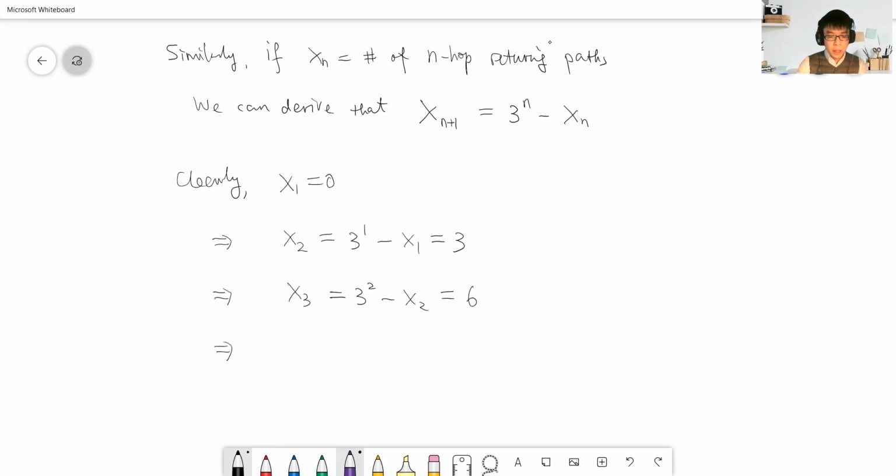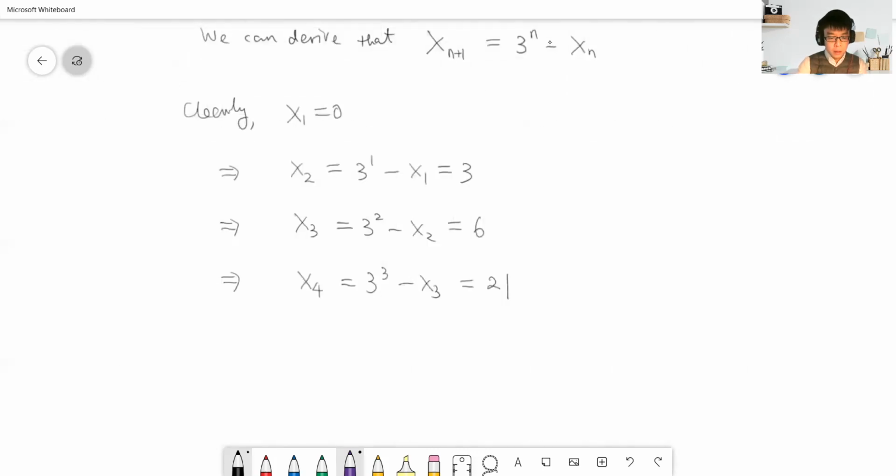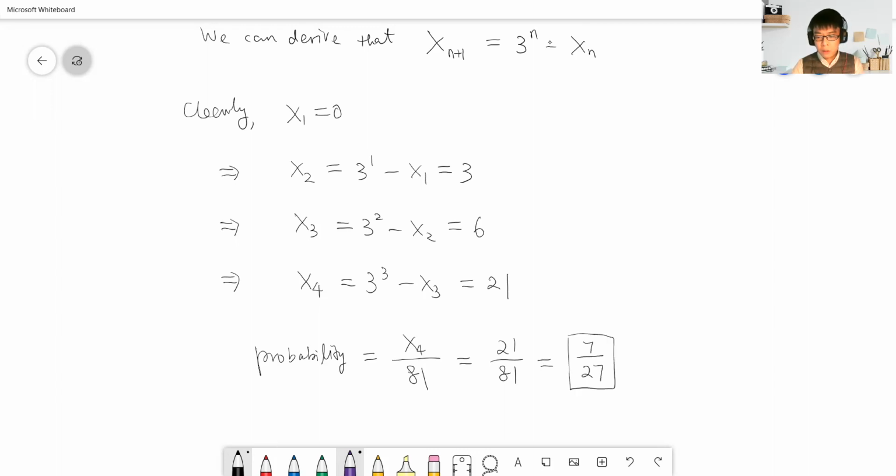Finally, we have x4 equals 3 cubed minus x3. That is 21. Accordingly, we can get the probability to be x4 over the total number of passes, that is 81, which is 21 over 81. It can be simplified into 7 over 27, which is the answer here.